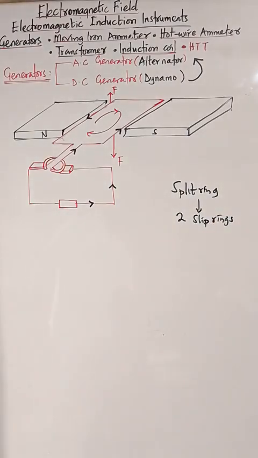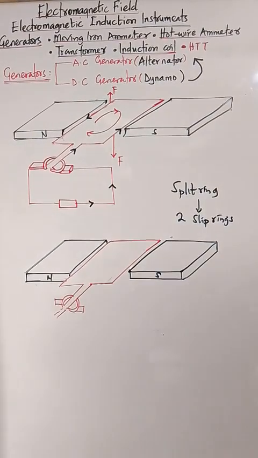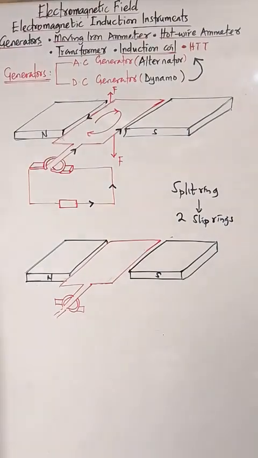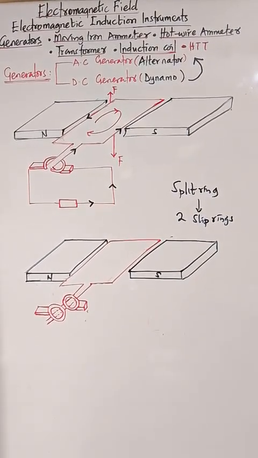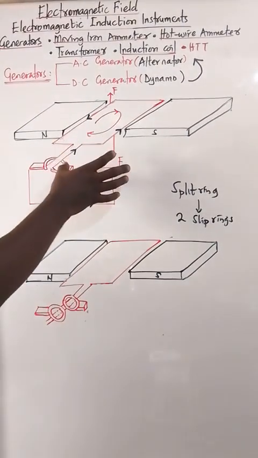How? Let's draw the diagram and let's compare. They are still the same thing. So let's replace this split ring here with two slip rings. Then let's put a carbon brush.